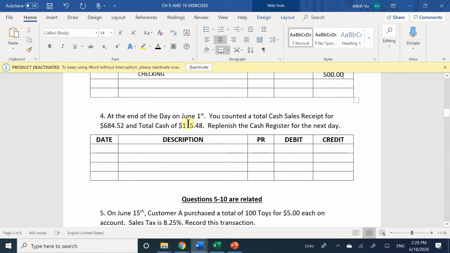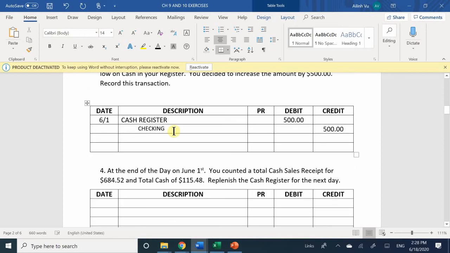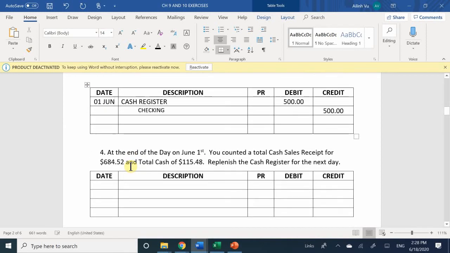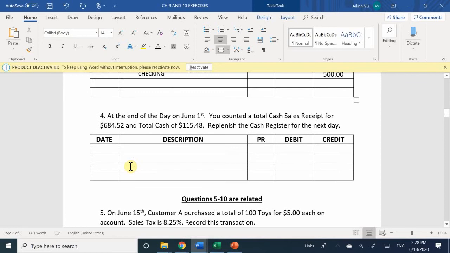Good. I didn't do this whole sales receipt again, but at the end of the day, did we write the date on here? Oh yeah, June 1st. Let's be consistent and do it correct. At the end of the day of June 1st, you counted a total of cash sales receipts of $684.52 and a total cash of $115.48.